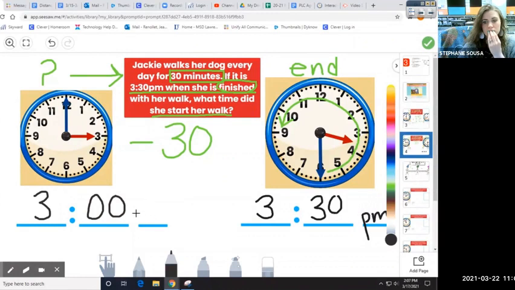I know that moving back 30 minutes has not gotten me to 12 o'clock, which is when it would switch to AM. So I am confident that Jackie started her walk at 3:00 p.m. in the afternoon.